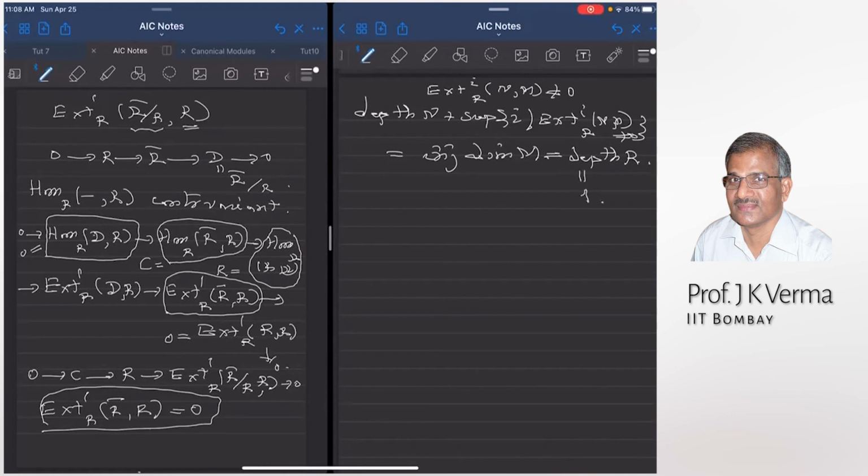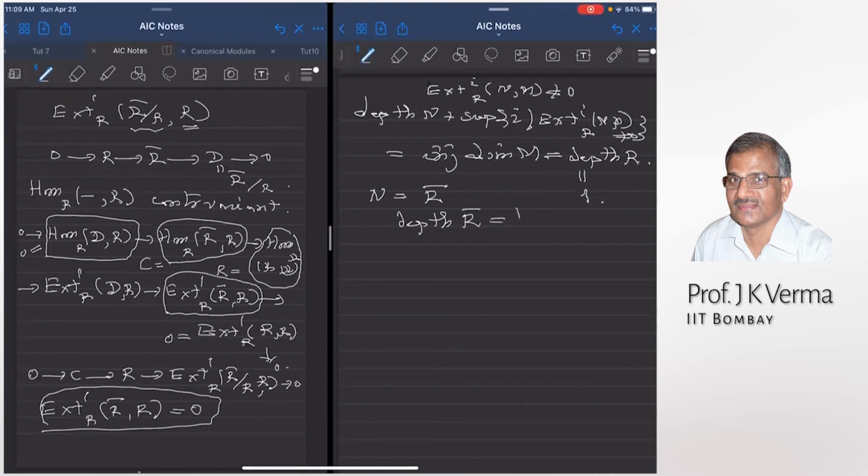What should I take N? N to be R bar. What is the depth of R bar as an R module? It's positive. 1.